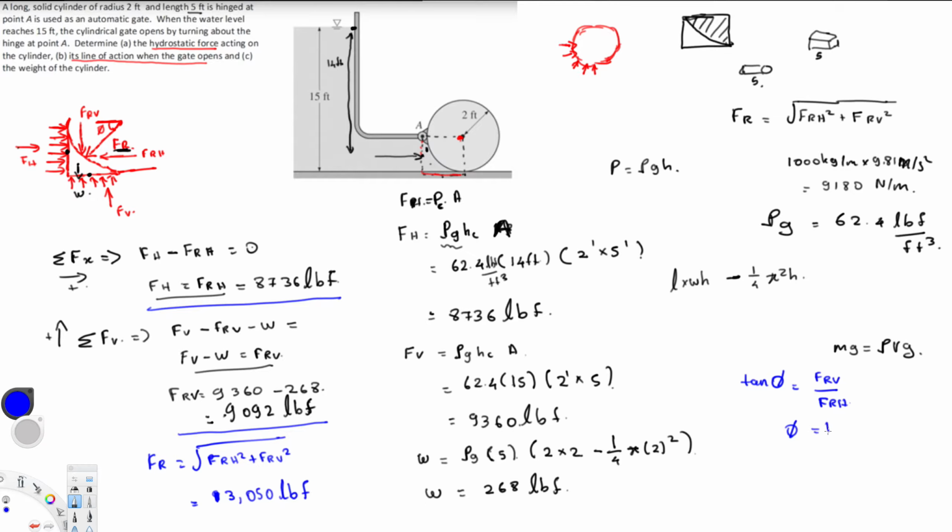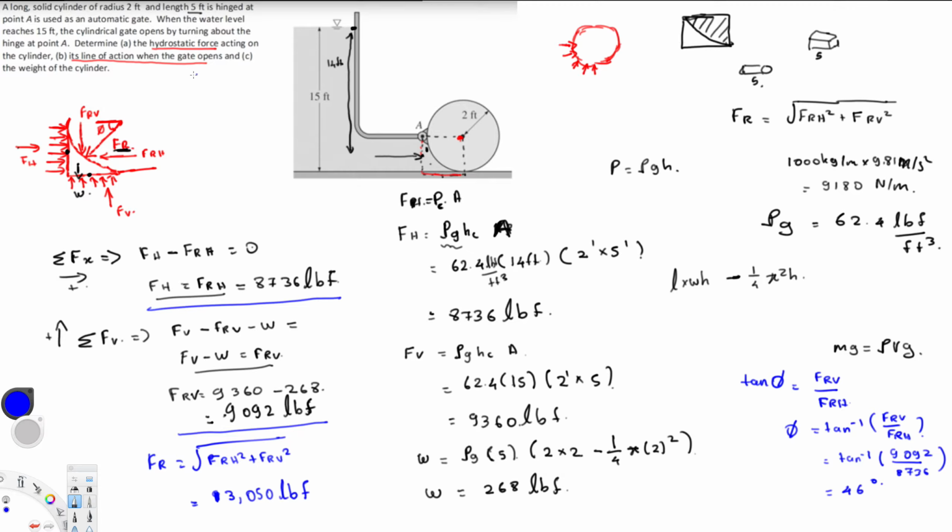The phi is going to be tan inverse of FRV divided by FRH. Tan inverse 9092 divided by 8736, and this gives us 46 degrees.